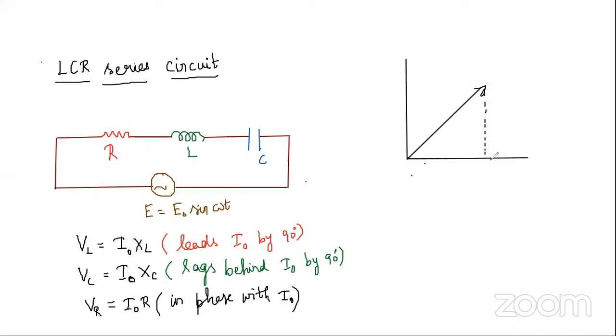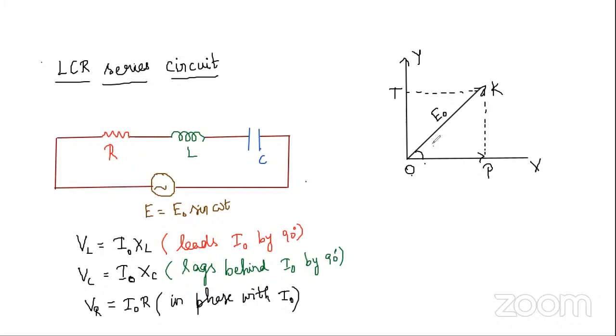So this point is taken as P, and this is O. This point is K, this point is T, and this is Y axis, and this is X axis, and this line represents the voltage E naught.